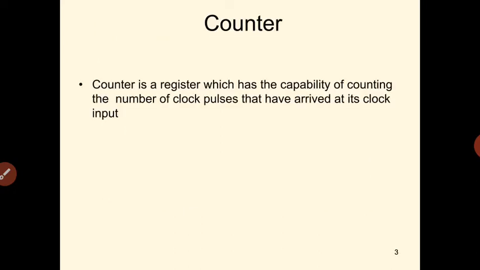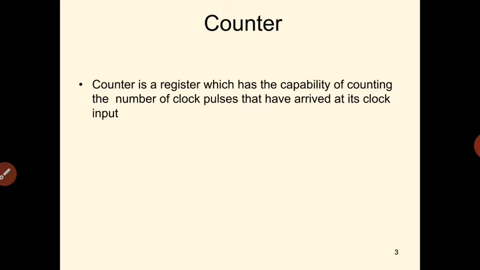Firstly, what is a counter? A counter is nothing but a register which has the capability of counting the number of clock pulses applied at the clock input of any register circuit or flip flop. A counter does not differ much from a register.